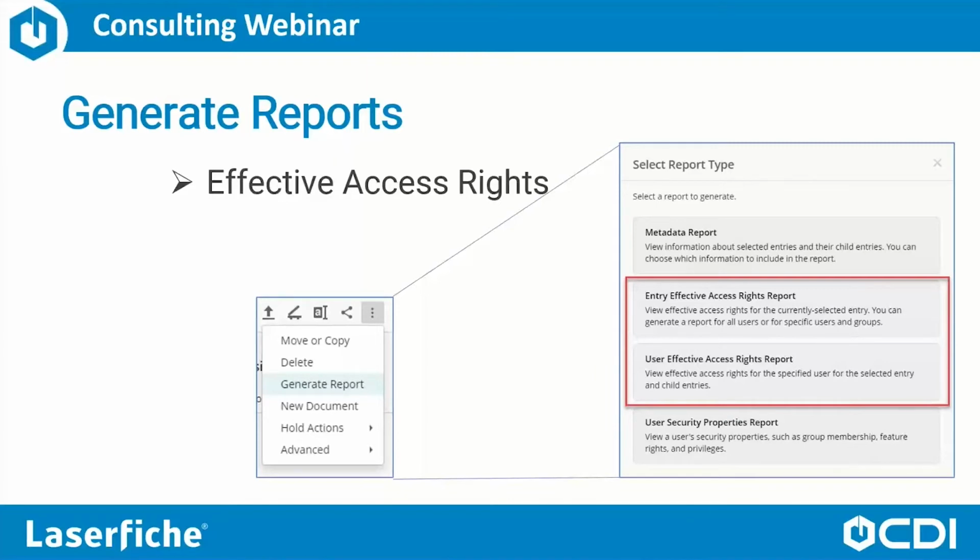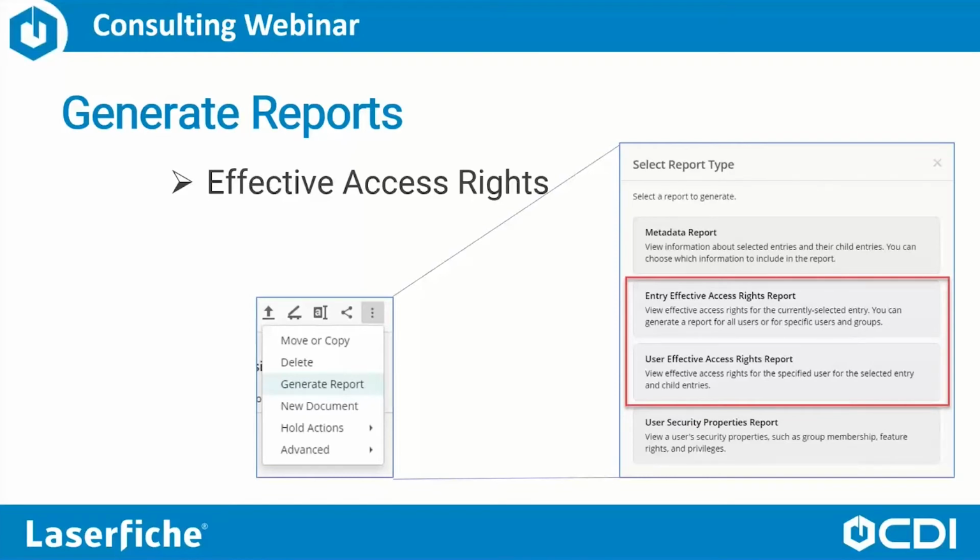The two reports in particular are going to be the entry effective access rights report and the user effective access rights report. These are available both in the web client, as we see in the screenshot here, as well as in the desktop client under the tasks menu.